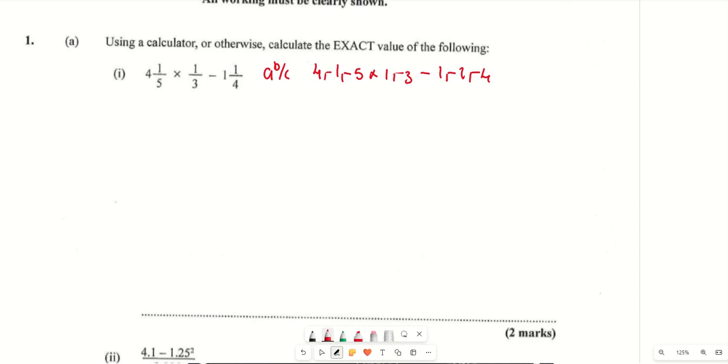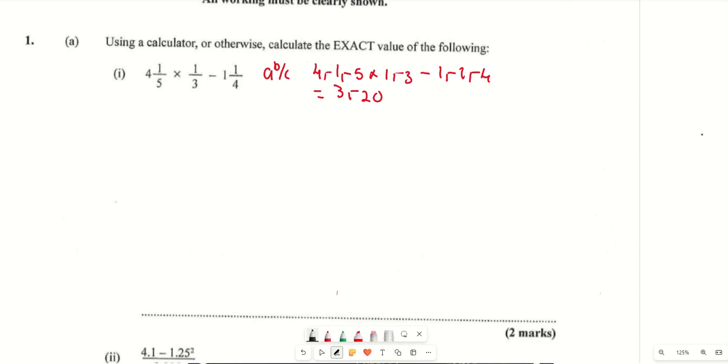You put this in your calculator, you're going to get 3 over 20. So the answer is 3/20ths.